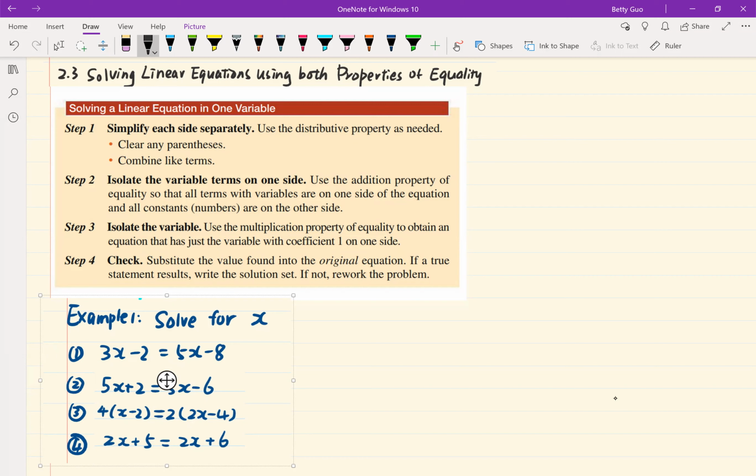Step 4, if you have extra time, plug in your proposed solution to see if the solution satisfies the equation. If it does satisfy the equation, then the solution is correct. Otherwise, it's wrong. You have to find out which part went wrong and fix it.